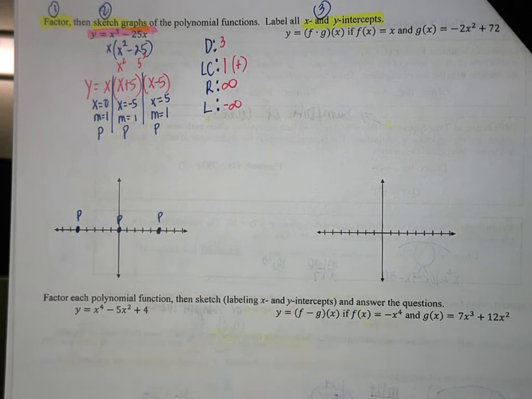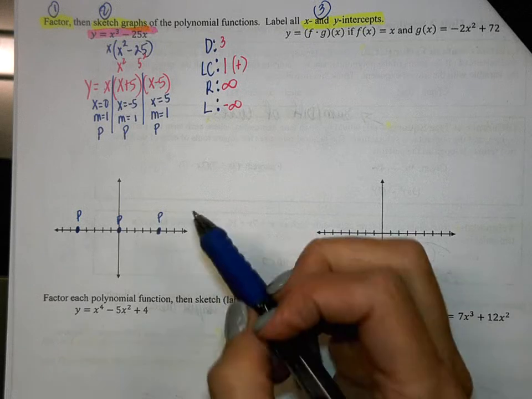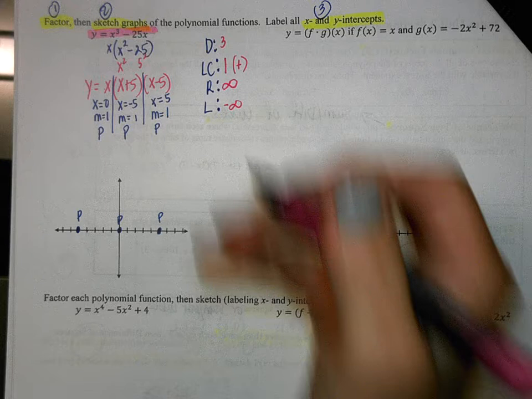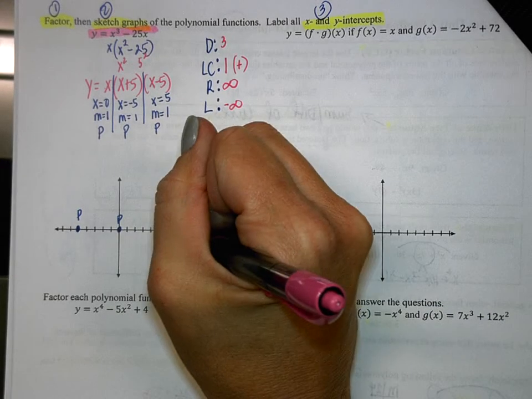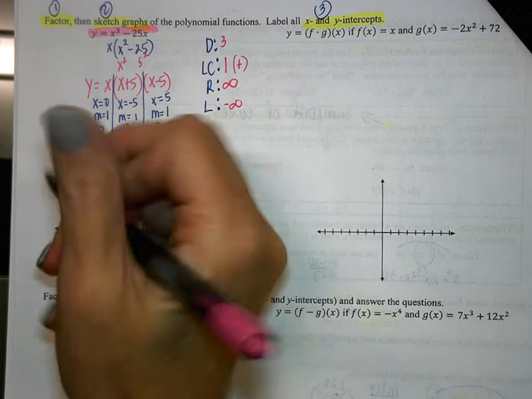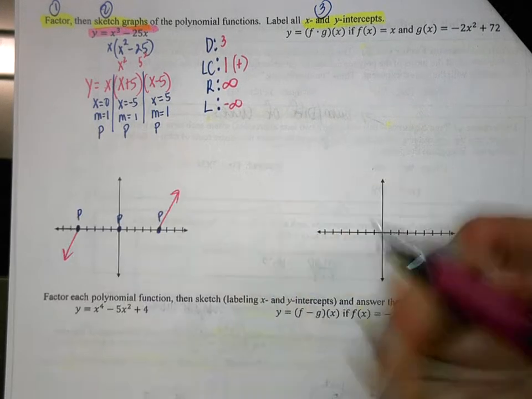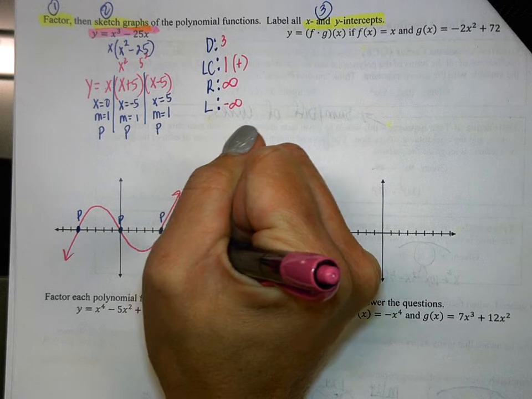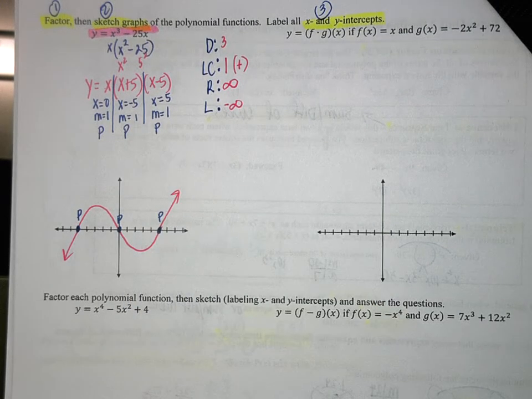We don't have to go in and find the y-intercept, which is nice. Okay? So now that we have all this, can we finish graphing? Okay, so my right end behavior is going to positive infinity. My left end behavior is going to negative infinity. This passes through, turns around, passes through, turns around, and we are done.